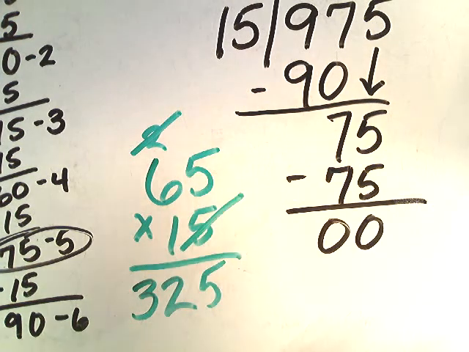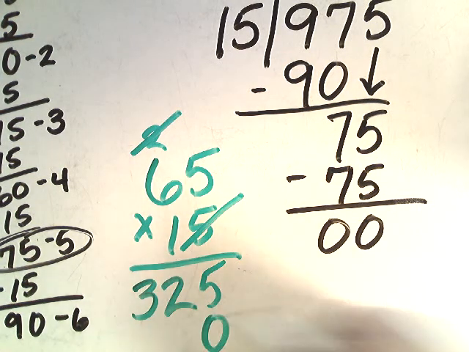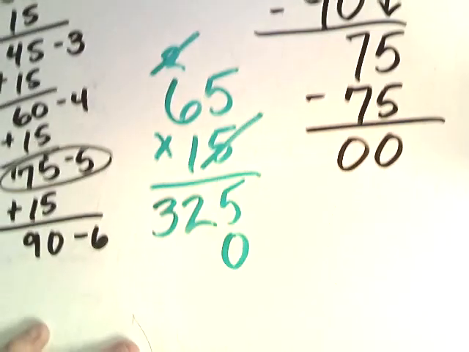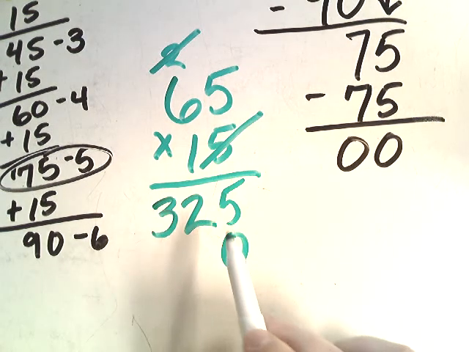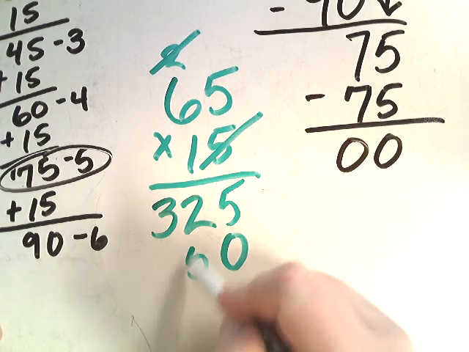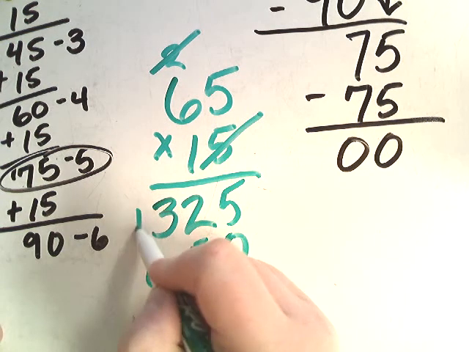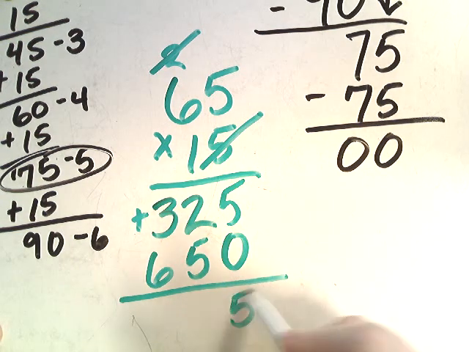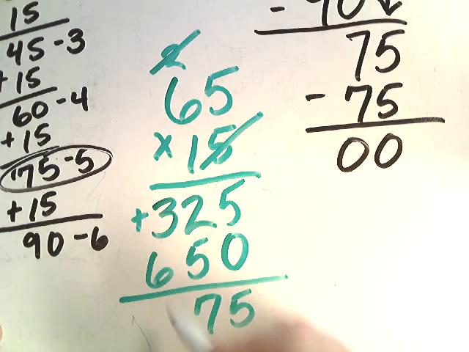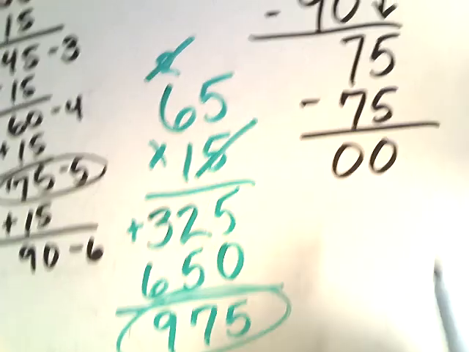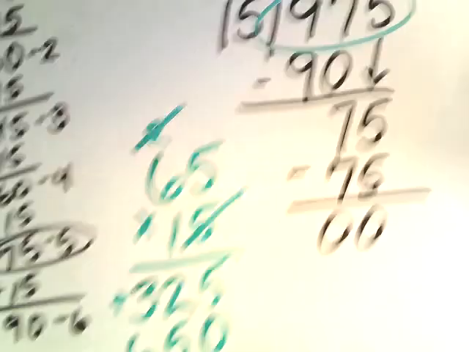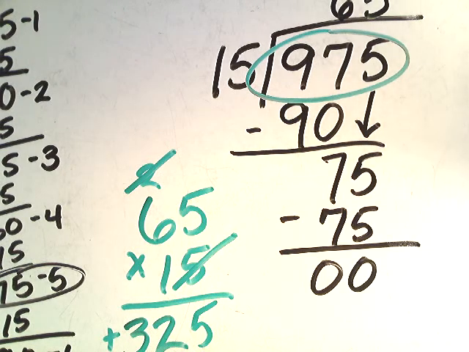Cross out what we've used. Add 0 as a placeholder since we're working in the tens place now and not the ones. 1 times 5 is 5. 1 times 6 is 6. And we add those together. We get 975. So we know our answer is correct.